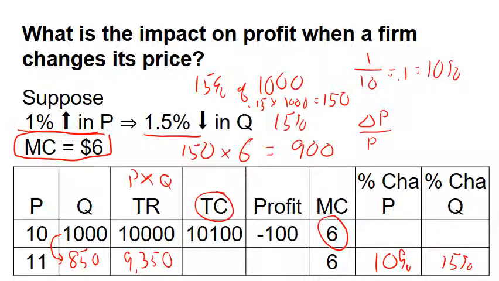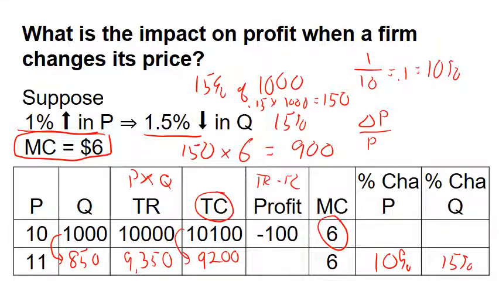Since I'm reducing output by 150, my total cost is going to fall by 900, which means the new total cost is going to be 9,200. 10,100 minus 900 gives me $9,200. And now I want to subtract total cost from total revenue.